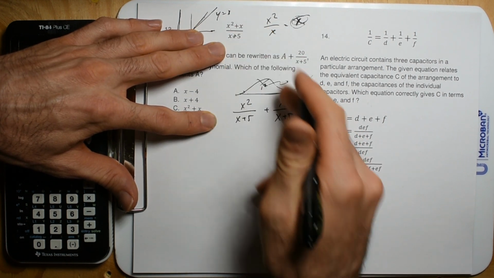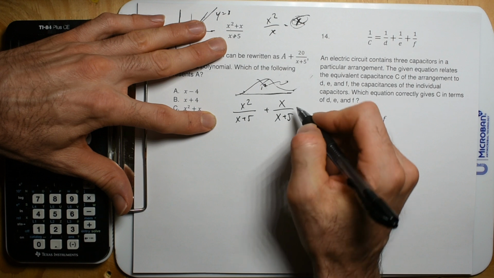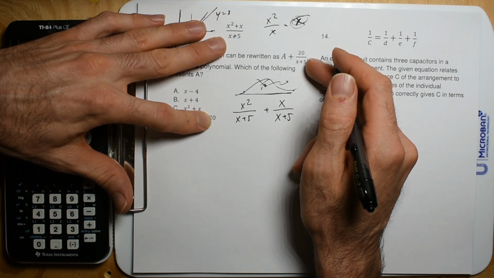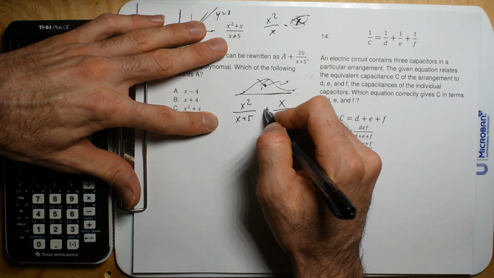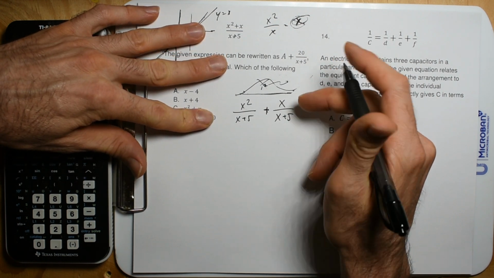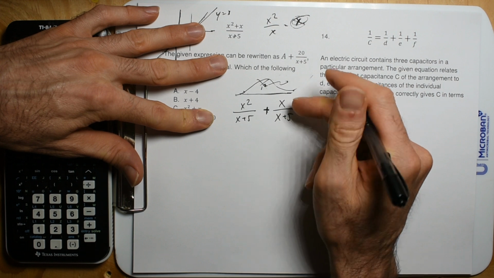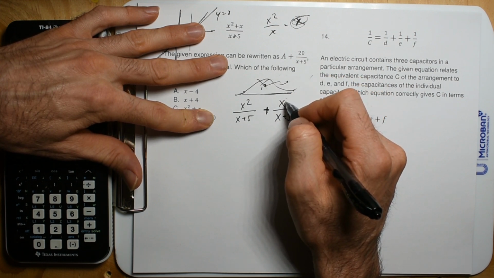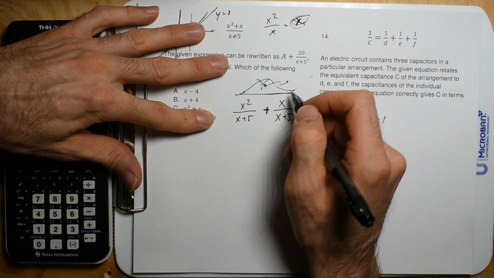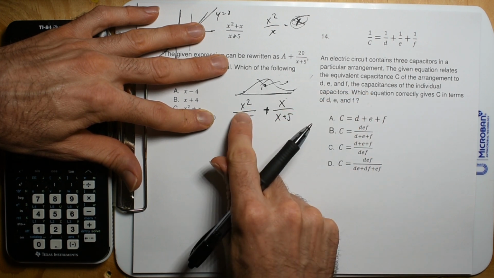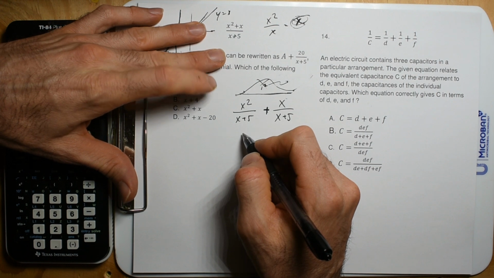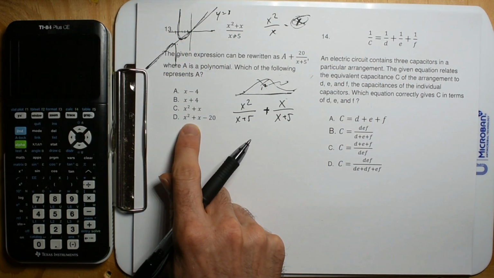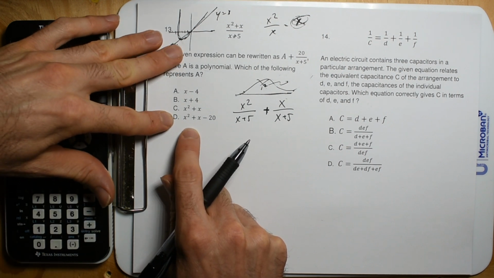You see that? And then if we said this was 20, I think this one's pretty easy. If this top part is 20, then this would be 20 squared. Maybe that's not what they're saying.